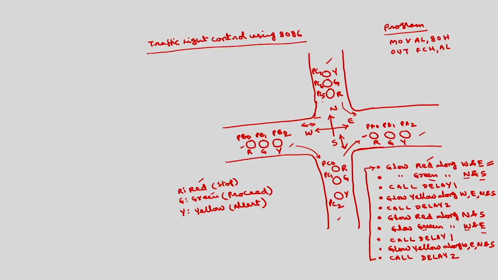For that I am taking MOV AL, 01H. I will output onto port A as well as port B. OUT port A address FCH, comma AL. These two instructions will glow red along the east direction.